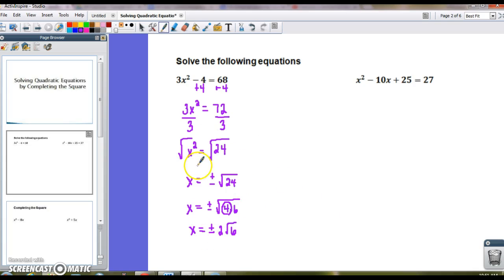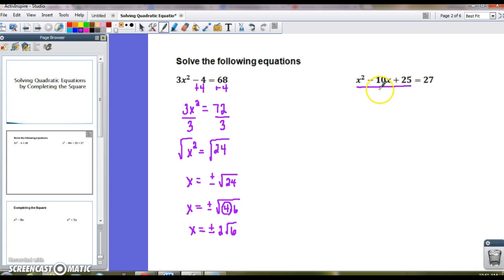So that's how you go about solving it when you just have the single x term and it's squared. This one over here is a little bit different because I have that 10x term in there. So what I'm going to do is factor this side of my equation. When you factor that, you should recognize that this is the square of a binomial.